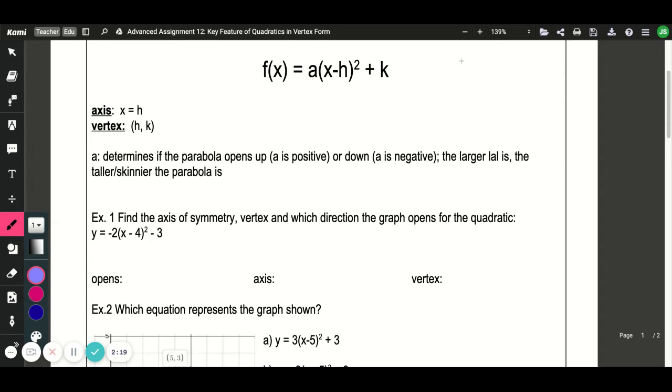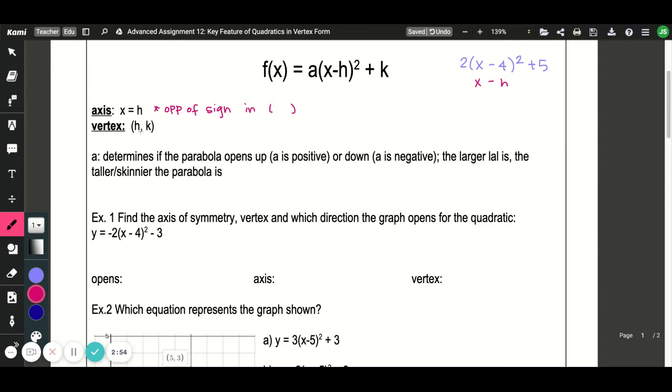So if you had 2 times x minus 4 squared plus 5, here's your x minus h. So your h is just 4. The minus is already there in the equation. So h is the opposite of the sign in parentheses, because it has that negative in there.